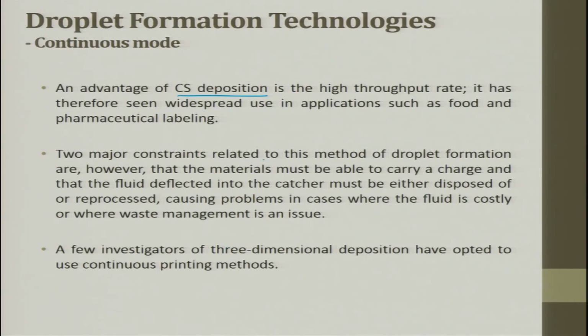Two major constraints related to this method of droplet formation are, however, that the material must be able to carry a charge and that the fluid deflected into the catcher must be either disposed of or reprocessed, causing problems in cases where the fluid is costly or where waste management is an issue.